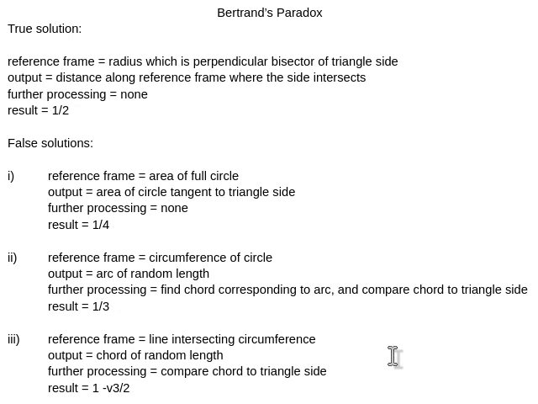And basically what you can do is pivot on that point, and what we're selecting for is random lengths of the chord. There's still further processing after this. We need to take that random chord length and compare it to the triangle. So we still end up with a reference frame change. And the result for this is 1 minus square root of 3 on 2.